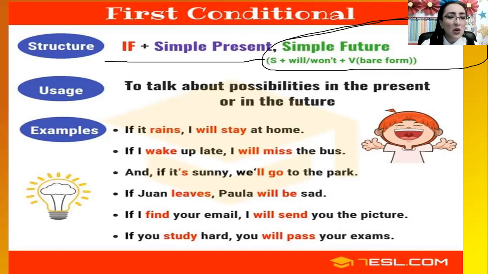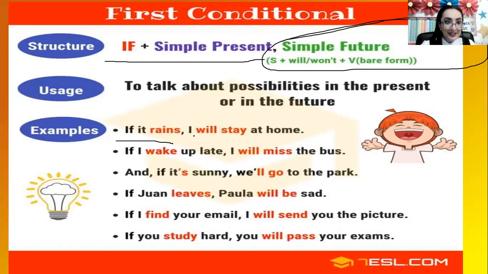So we are going to be using our first conditional if you want to talk about some possibilities in the present or even in the future, okay? Here you have some examples.